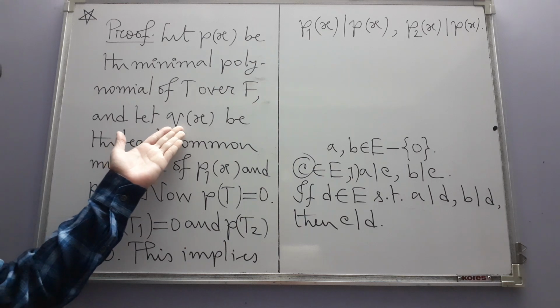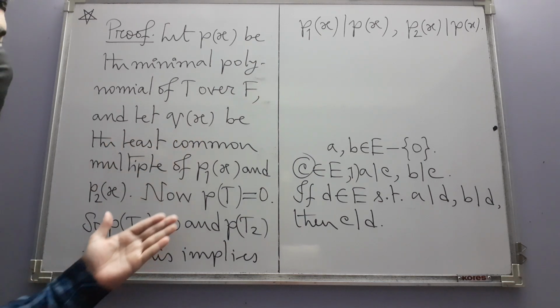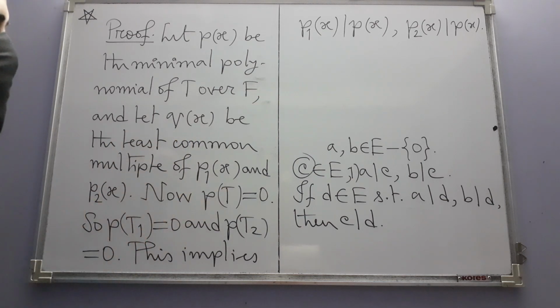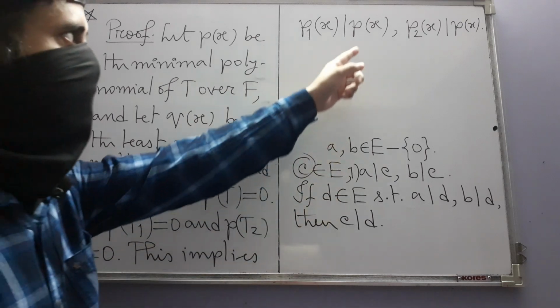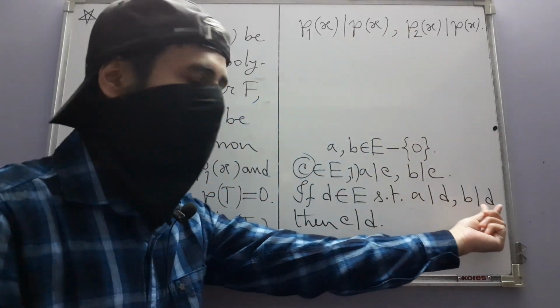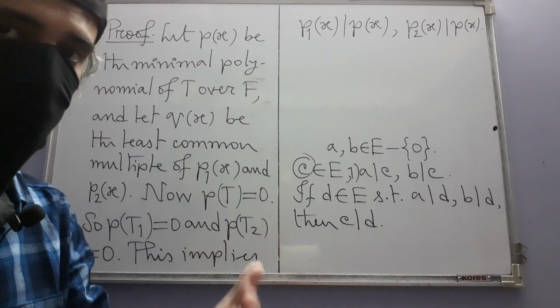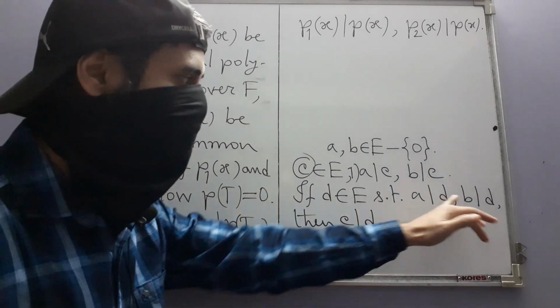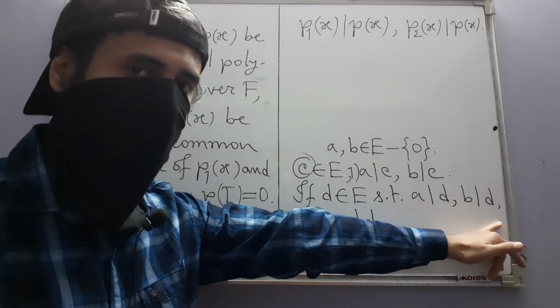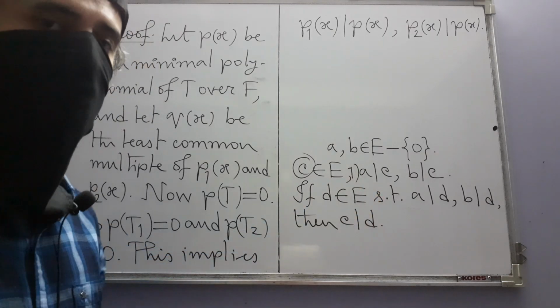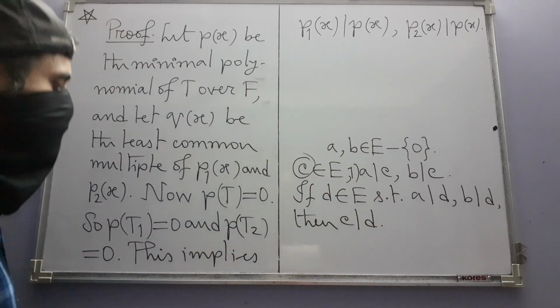Now, this is our LCM of P1 of x and P2 of x. And this P of x is playing the role of this D, some other multiple of A and B. D is any common multiple of A and B, and C is the least common multiple.